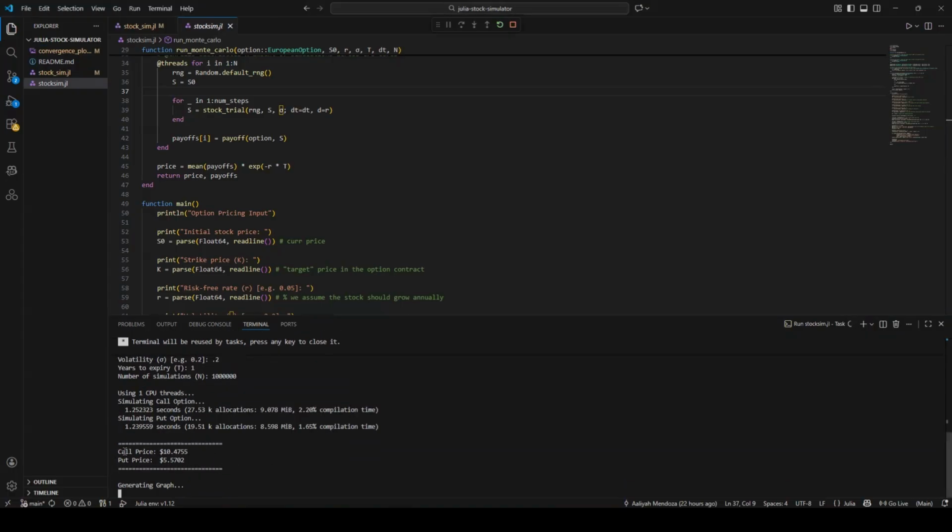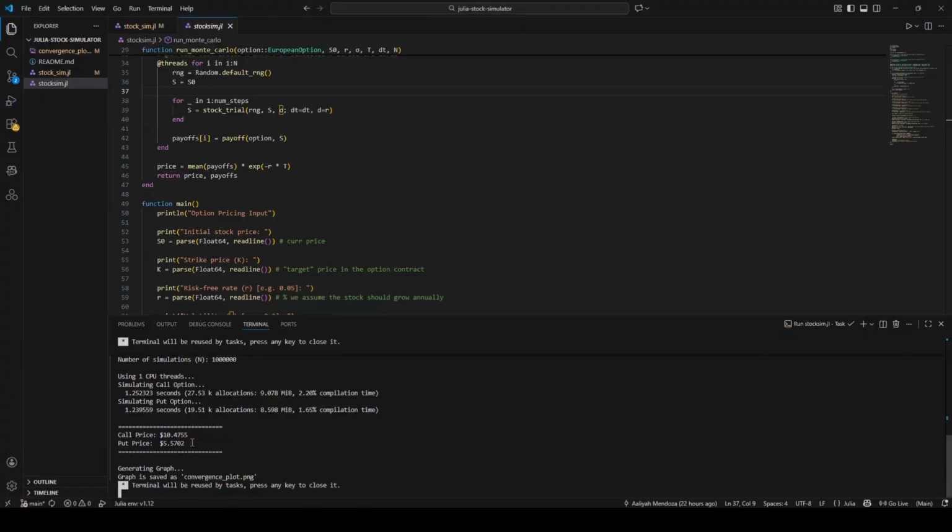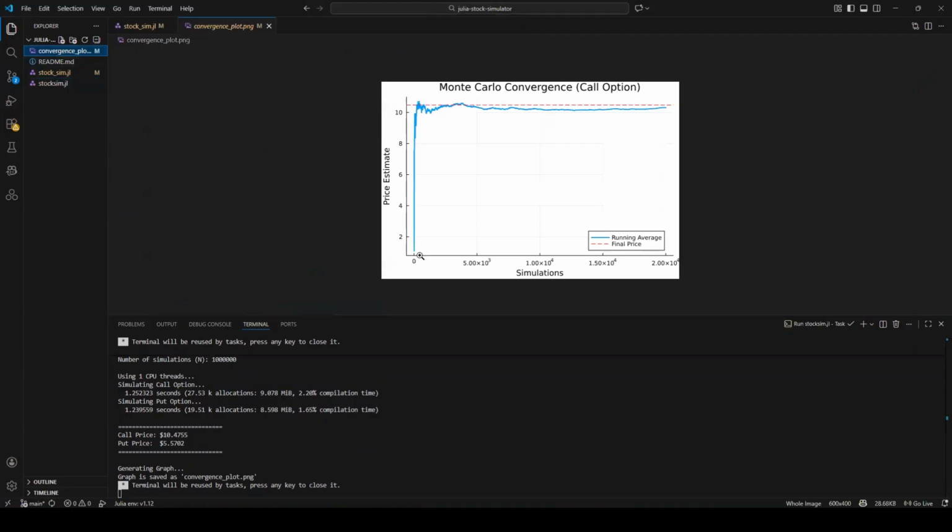Right. So our call price is $10.47, and our put price is $5.57. Essentially, what I wanted to do here is show how accurate it is compared to the first one. Very similar, so they're doing the same job. And this is our graph for this one. We can see again the running average in blue and the final price in red.